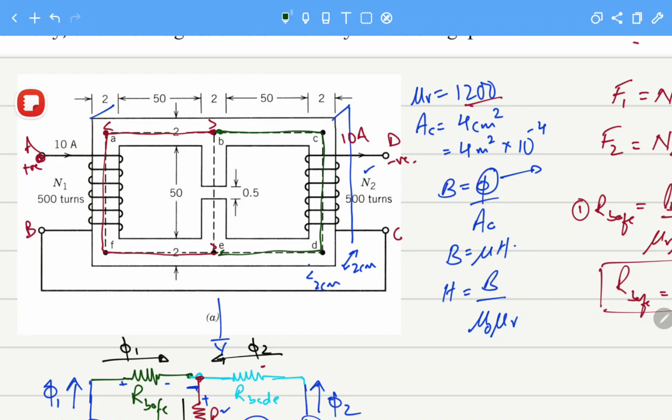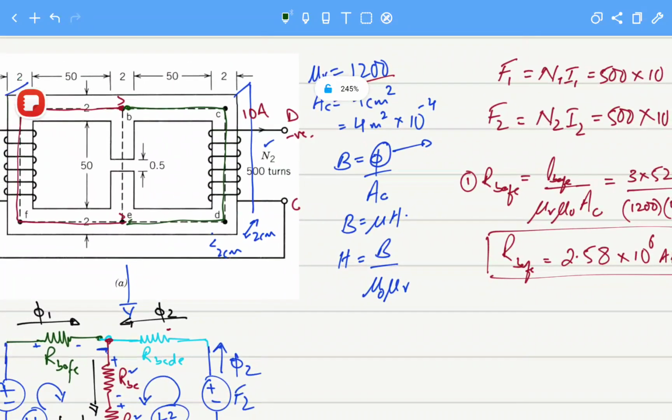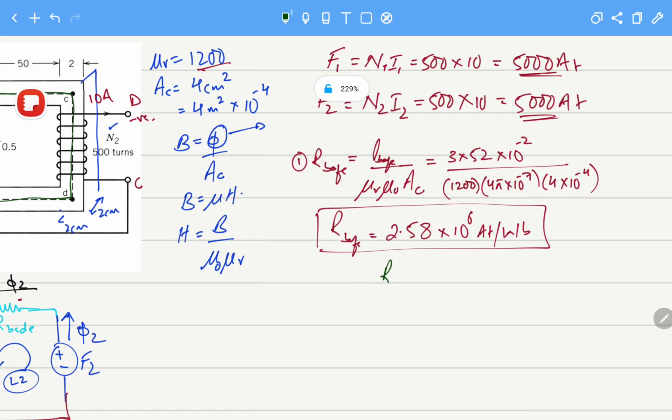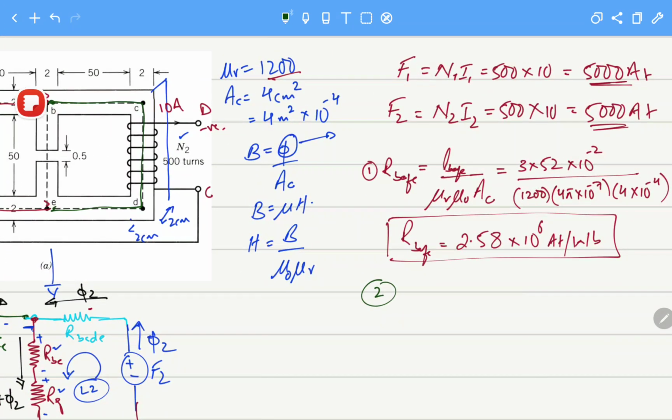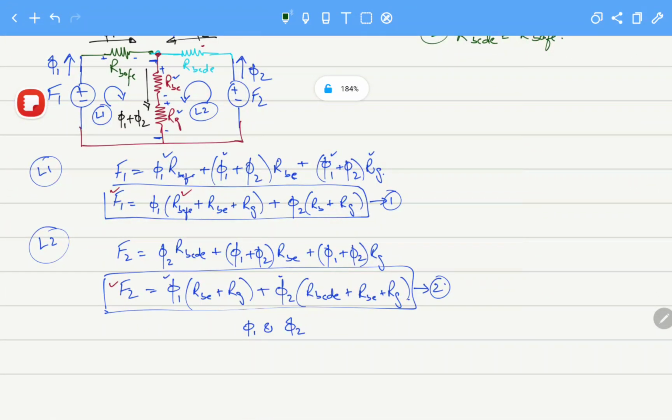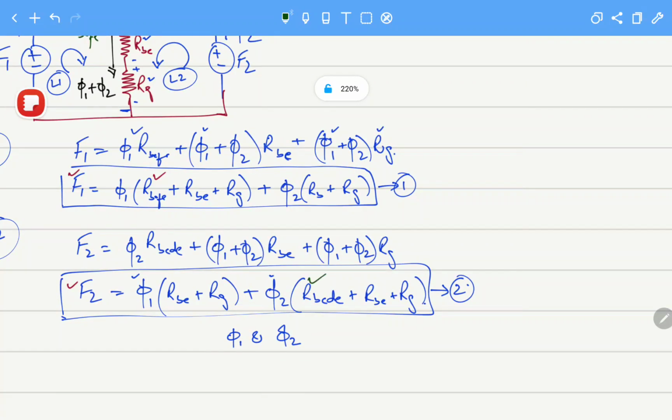They have the same dimensions, the same core material, and everything is the same. So we can write the second, which we named R_BCDE, R_BCD is equal to R_BAFE. Now for equation 2, we know this.